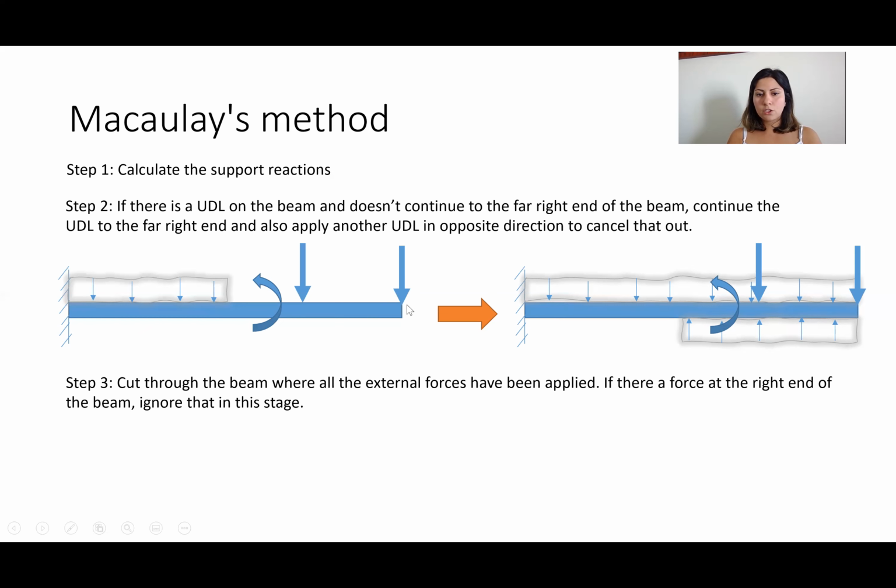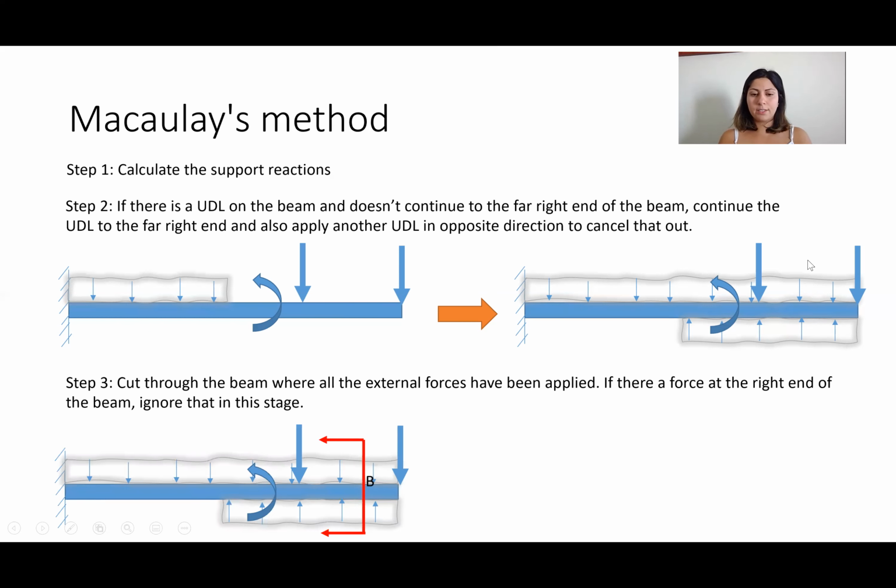So you cannot cut after that because it is at the end of the beam. So just ignore the force which applies at the last point of the beam at the end. So ignore this part and just cut through right behind that point, like this.